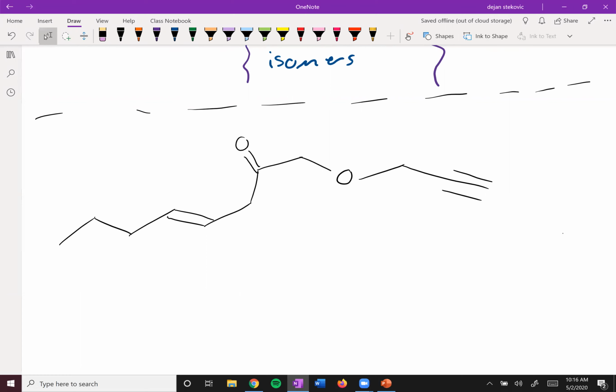And this is a big part of OCHEM, is looking at this structure and thinking about what the 3D image of this compound actually looks like. And so let's just pick some random carbons here.